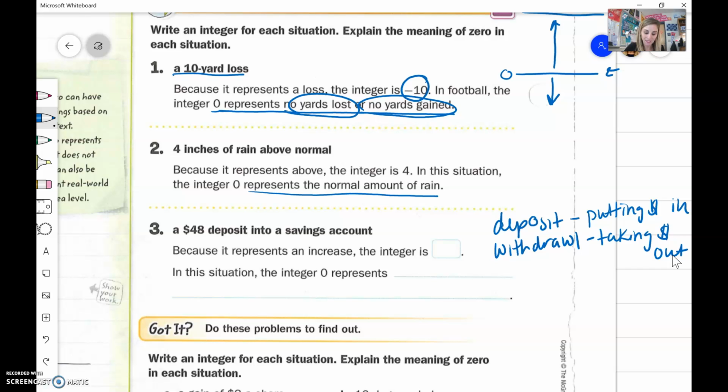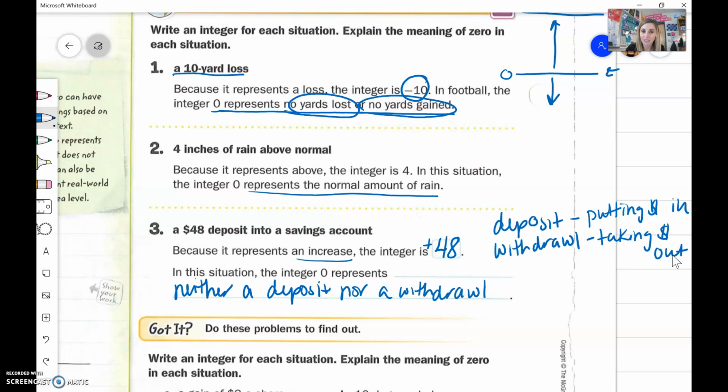So a deposit into the savings account represents an increase, which would be a 48, and you could put a positive there. It's a positive. We're not taking the money out, but we're putting that money back in. So in this situation, the 0 represents neither a deposit nor a withdrawal.